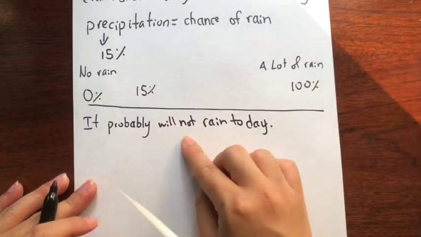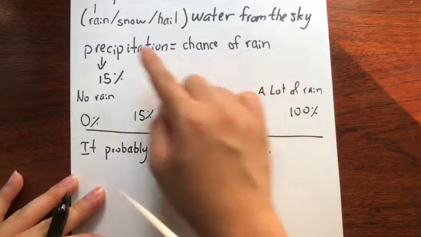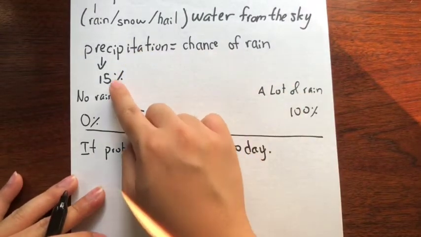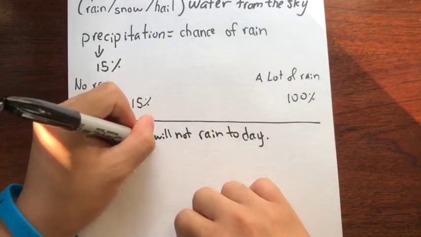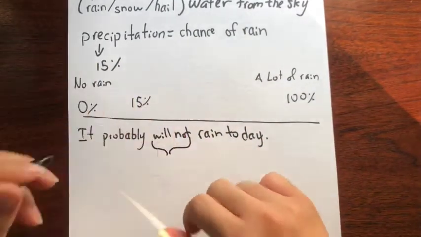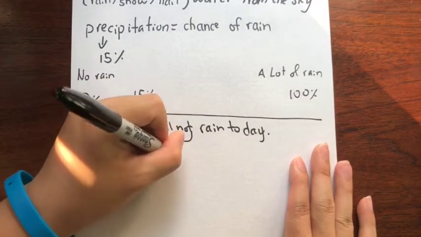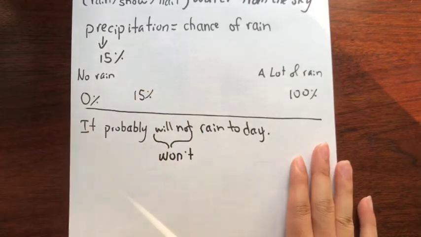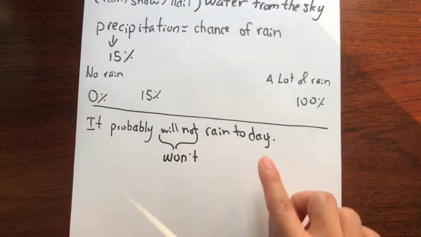It probably will not rain today because the chance of rain or the precipitation is only 15%. It probably will not rain. The short way of writing will not is won't. It probably won't rain today.